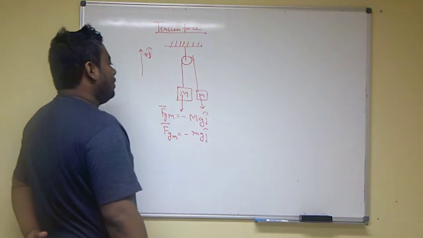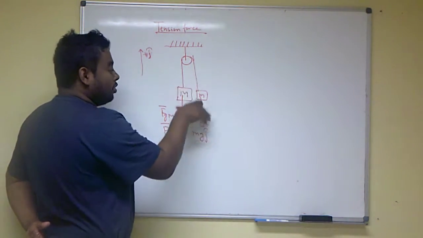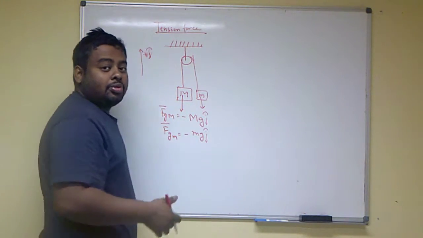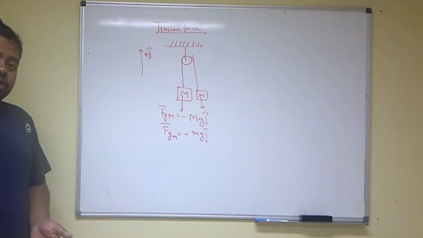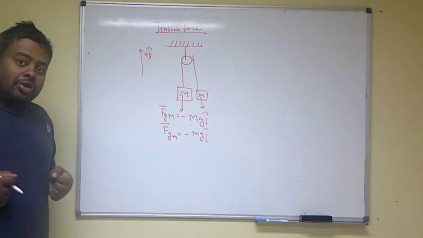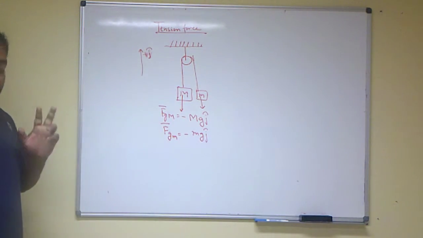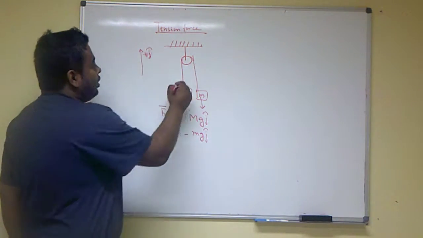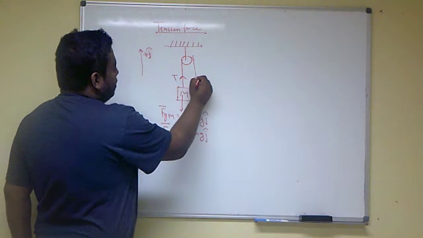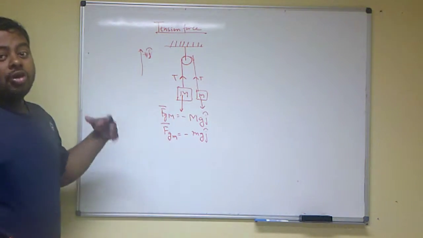Because of these forces, the rope will be very taut, and because of that tautness of the rope, there will be a tension force acting away from the bodies.